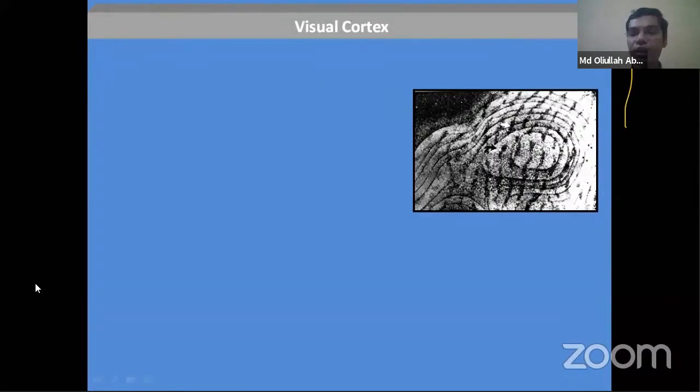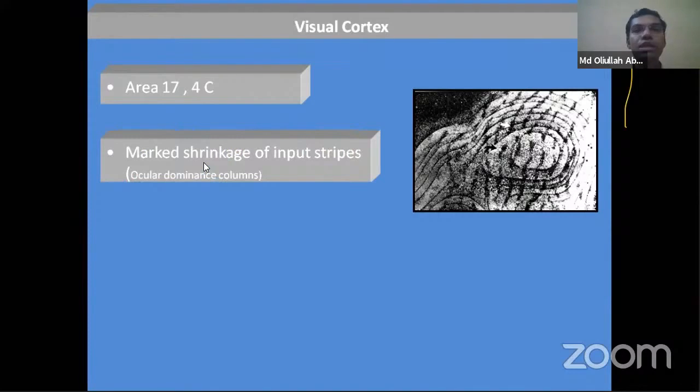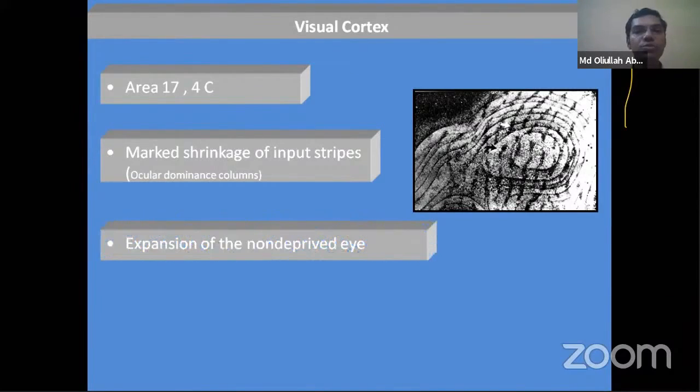Now, if you see the cell mapping, what happens in the visual cortex area? In Brodmann area 17, especially in layer 4C, there is marked shrinkage in the input stripes of the ocular dominance column. On the other side, there is expansion of the non-deprived eye.